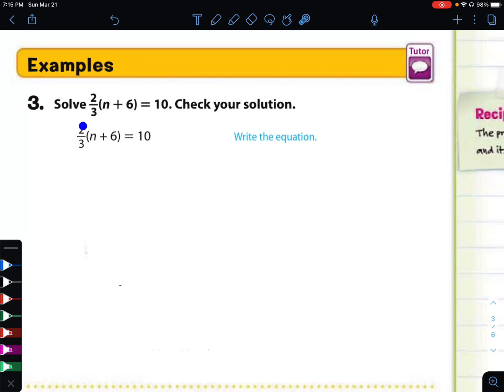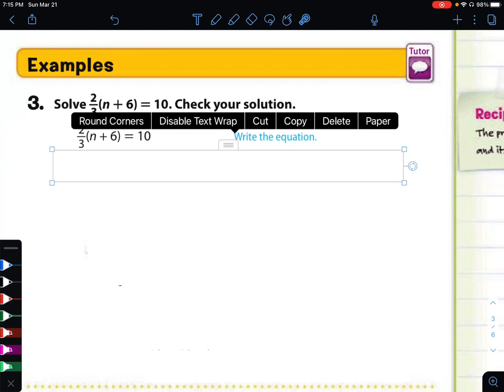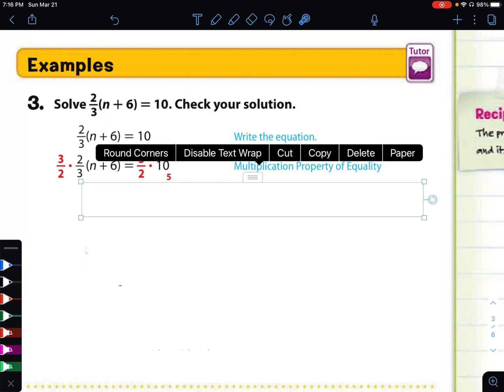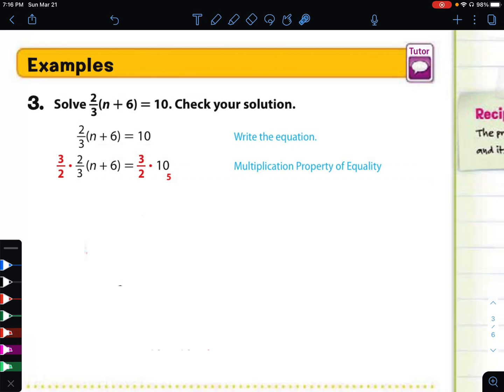The reciprocal of 2/3 is 3 over 2. Once we multiply by 3 over 2, the 2/3 cancels out, and we're left with n plus 6 equals 3 over 2 times 10.